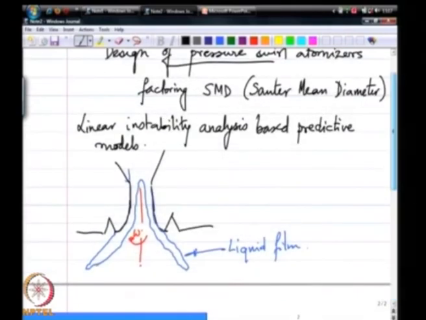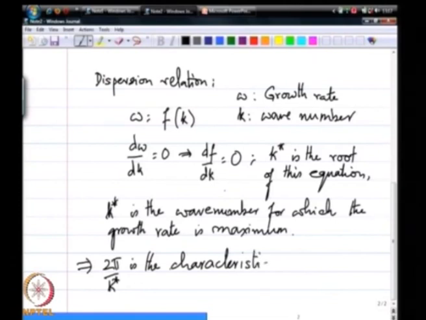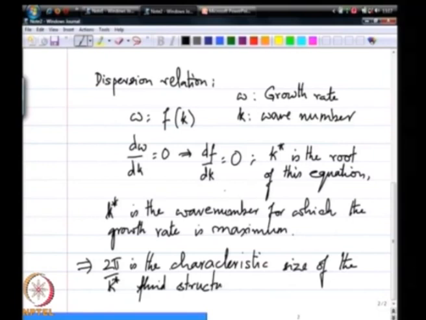Okay, and so that gives me, which also implies that 2 pi over k star is the characteristic size of the fluid structure that is most likely going to break off.